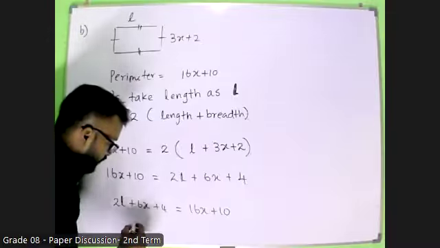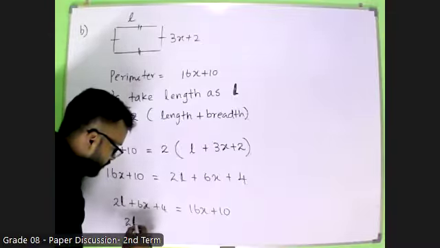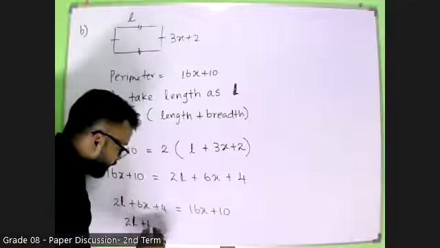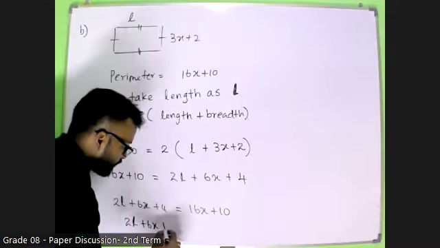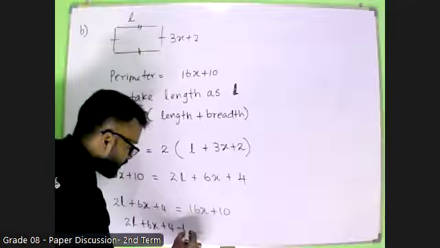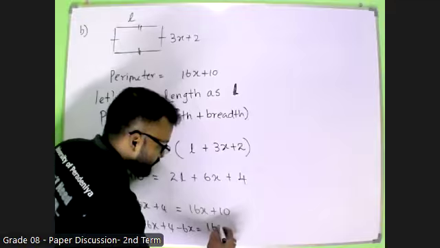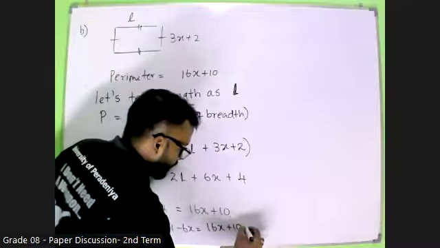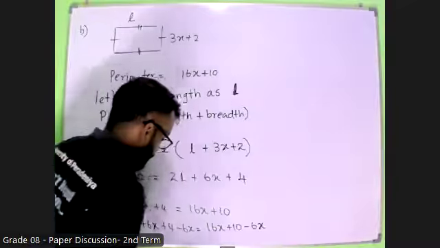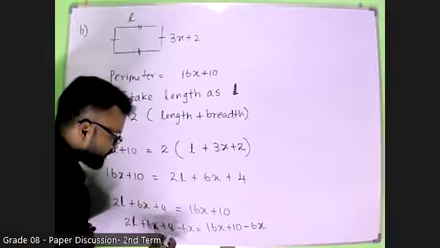Okay. So 2L plus 6x plus 4 minus 6x. I am going to remove plus 6x first, minus 6x, cancel out.